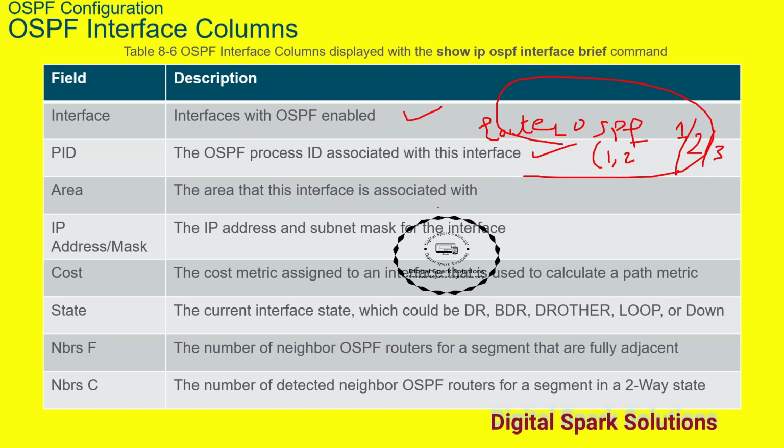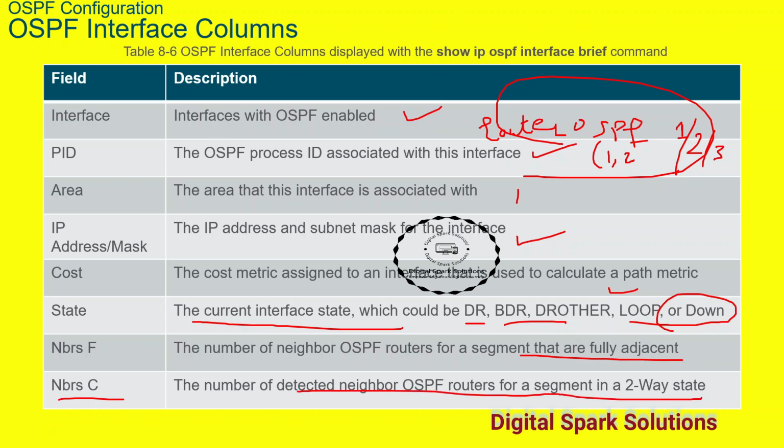Then we have the area ID, either area 0, area 1, area 2, etc. Then we have the IP address, then the state, either DR, BDR, DR other, loopback, or down. Then we have the neighbors, the OSPF routers that are fully adjacent, and then the neighbors that are in a two-way state.